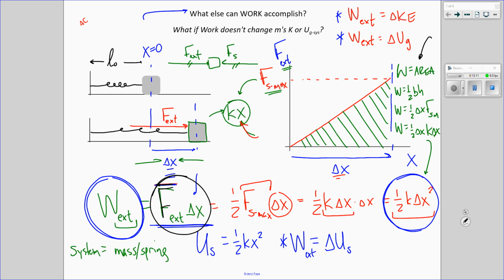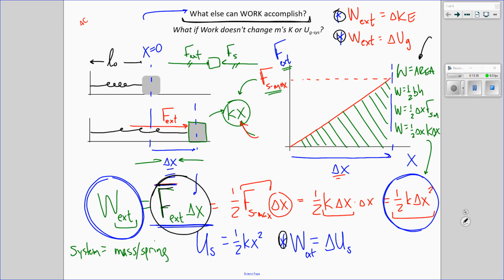Okay, what we are really trying to nail home here is, what can work accomplish? Work always accomplishes a change in a system's energy. Okay, it depends on what's involved in your system. If there's no springs involved anywhere, well, guess what? There will be no delta Us.